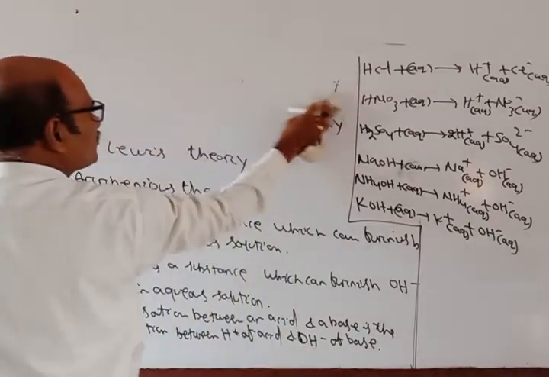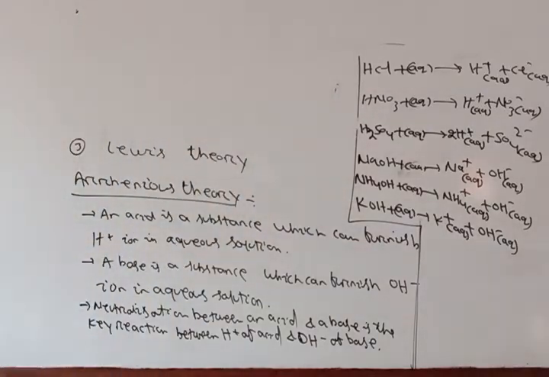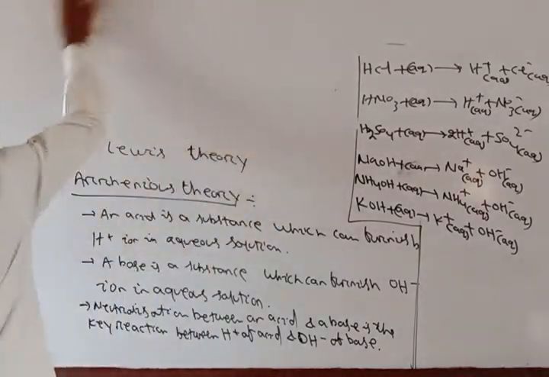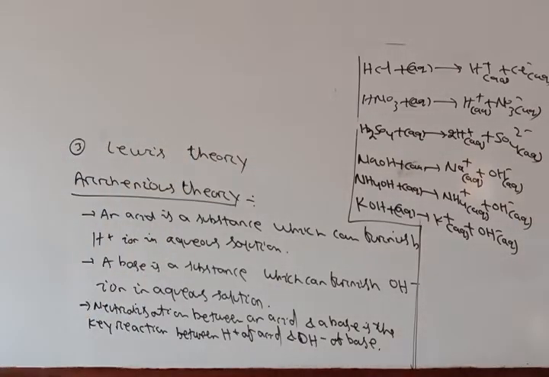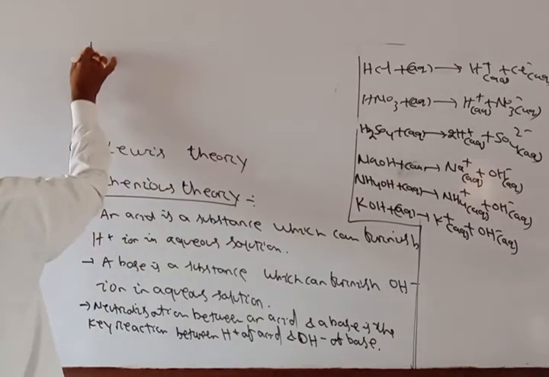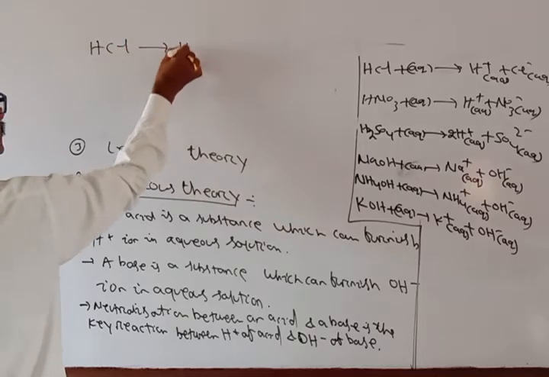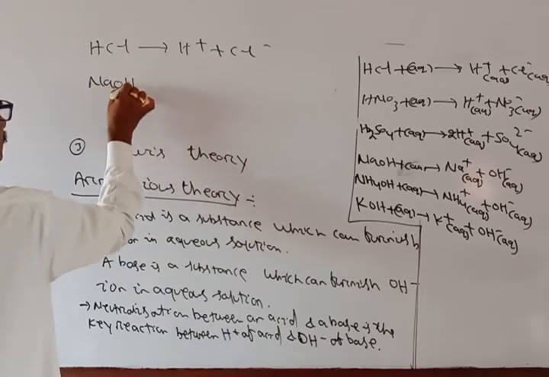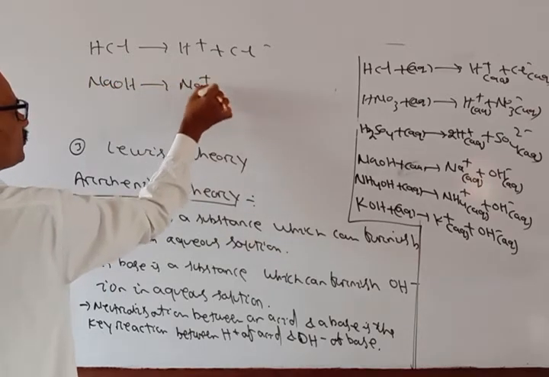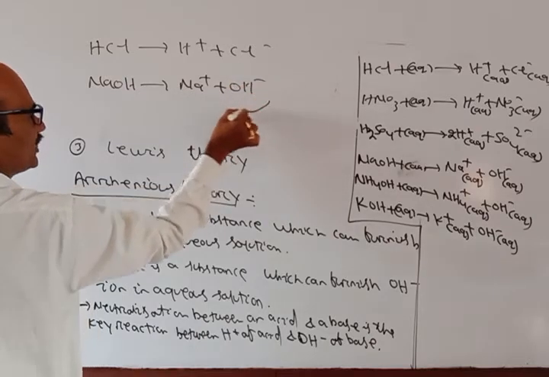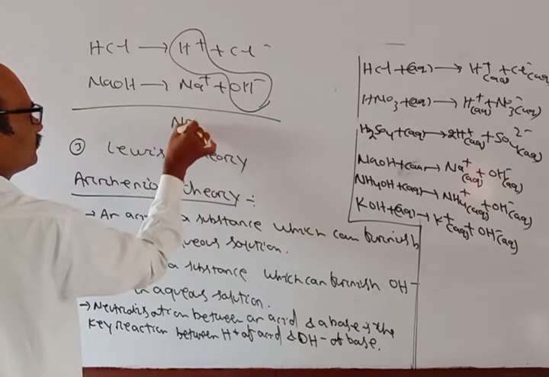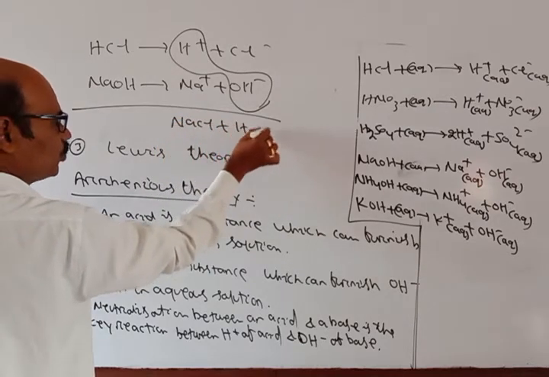If I react an acid and a base, what will I get? I take HCl, which gives in water H plus Cl minus, and NaOH, which gives in water Na plus OH minus. So this is H plus and OH minus, and they give NaCl plus H2O.